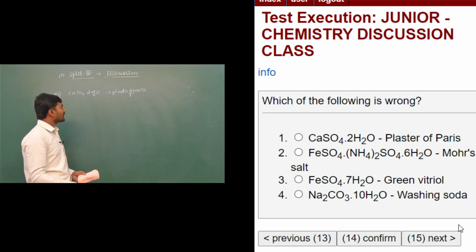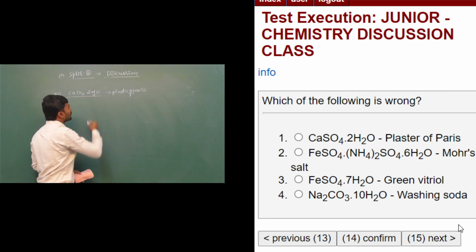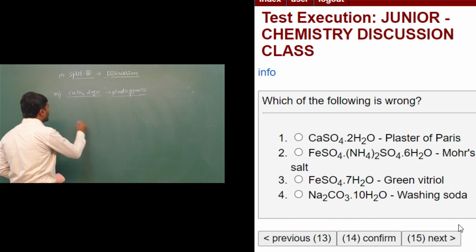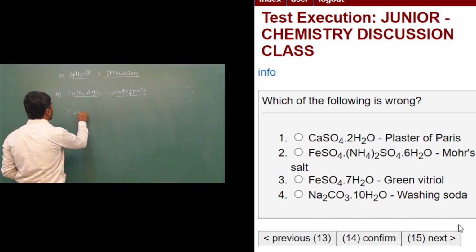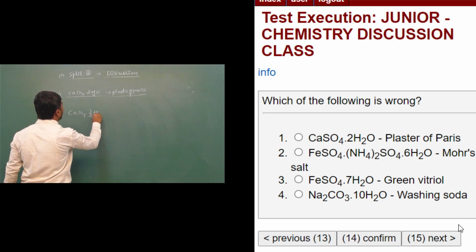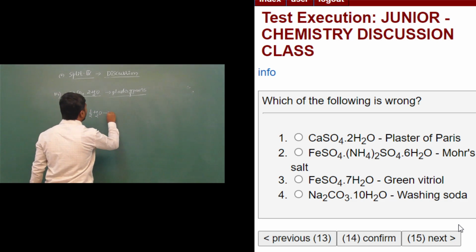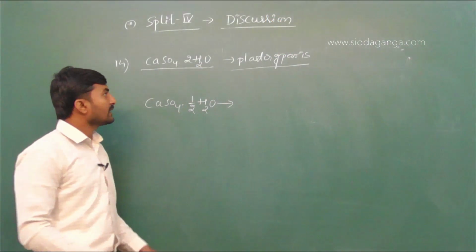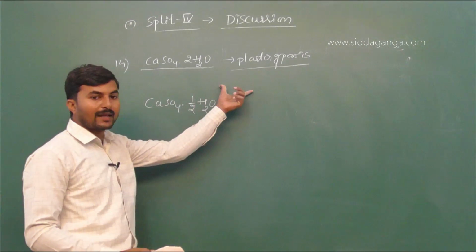But CaSO4 2H2O is not the exact formula of plaster of Paris. The formula of plaster of Paris is CaSO4 half H2O, calcium sulfate hemihydrate.